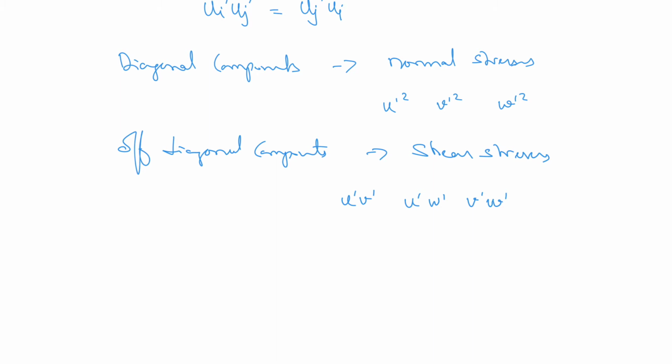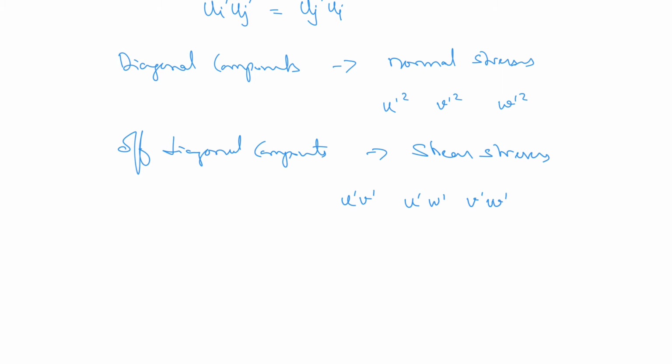Now, let us try to understand what these individual components are saying. Earlier, as a bunch, we have seen this in the previous lecture. Now we will see how the individual components tell you. This u dash is the fluctuating velocity in x direction. This v dash is the fluctuating velocity component in y direction.